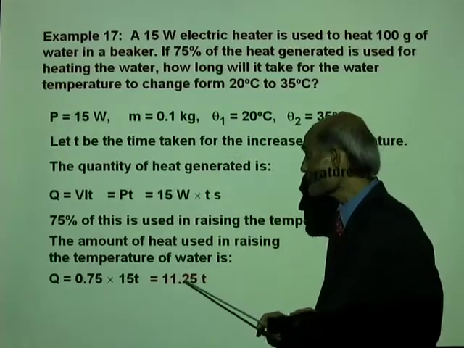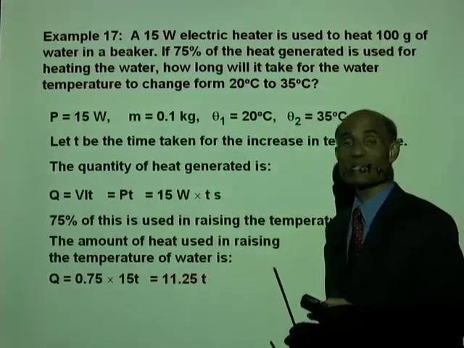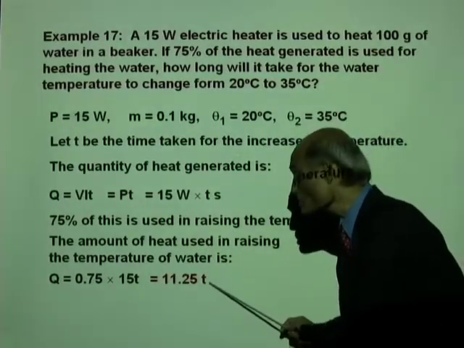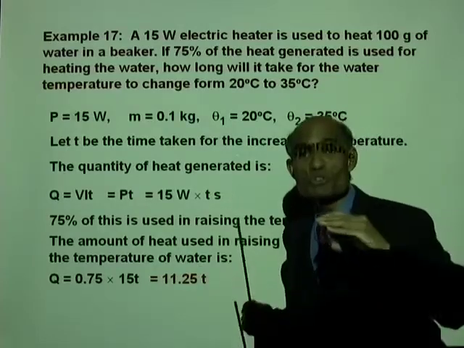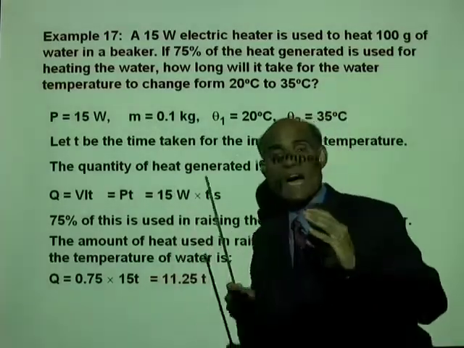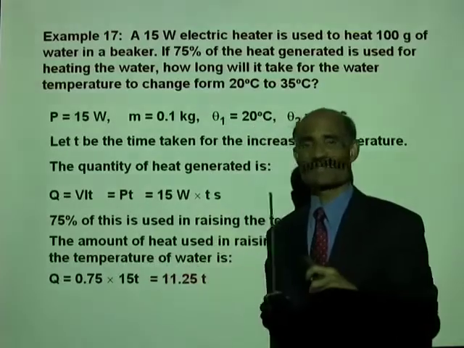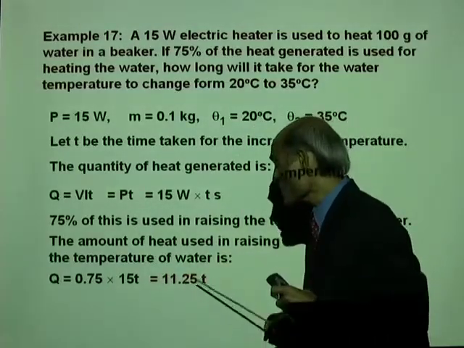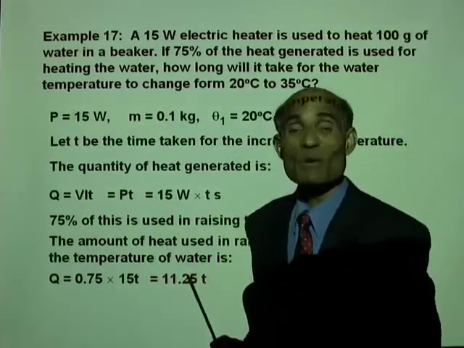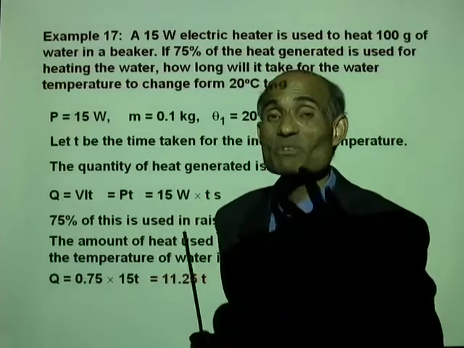That will be 11.25T. This is the quantity of heat produced by the heater and delivered to water. And this amount of heat is used by water to increase its temperature.